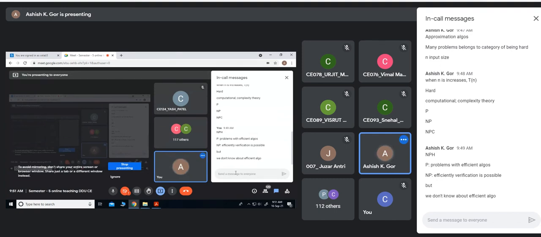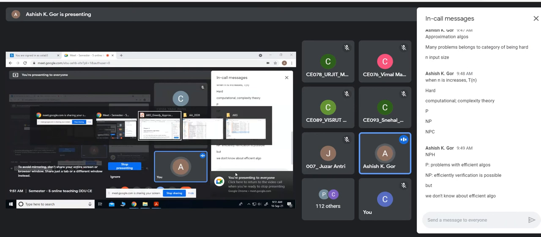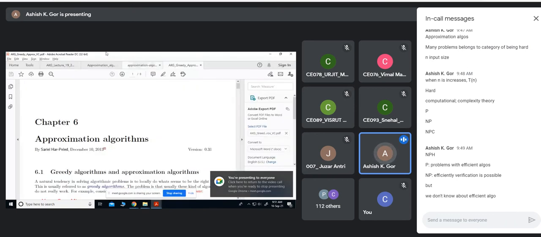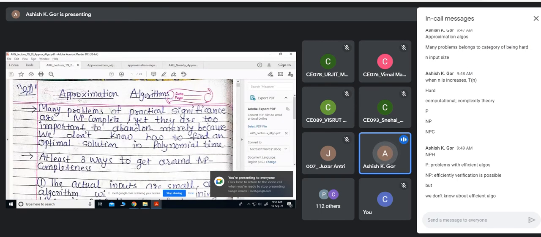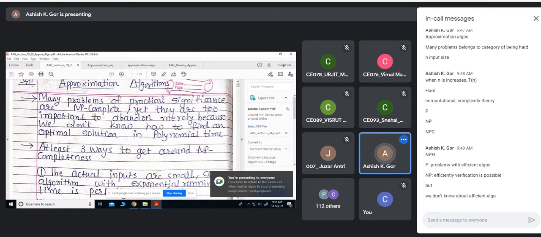So, to get rid of this type of issue, because many times we need a solution but we don't know the solution. As I mentioned, many problems of practical significance are NP complete. Don't worry about the formal definition of NP complete.